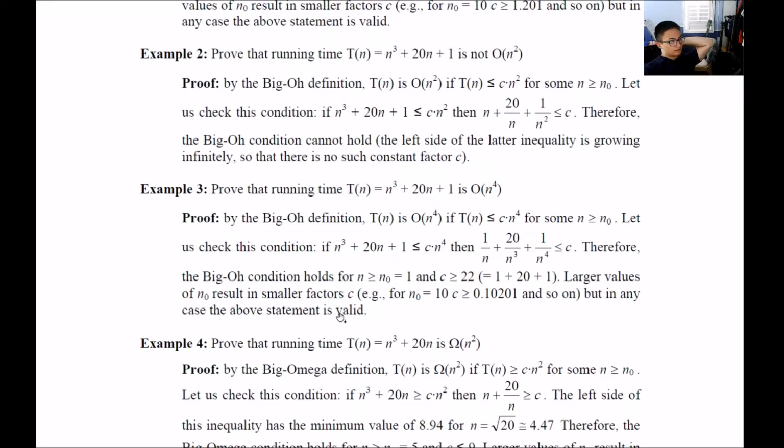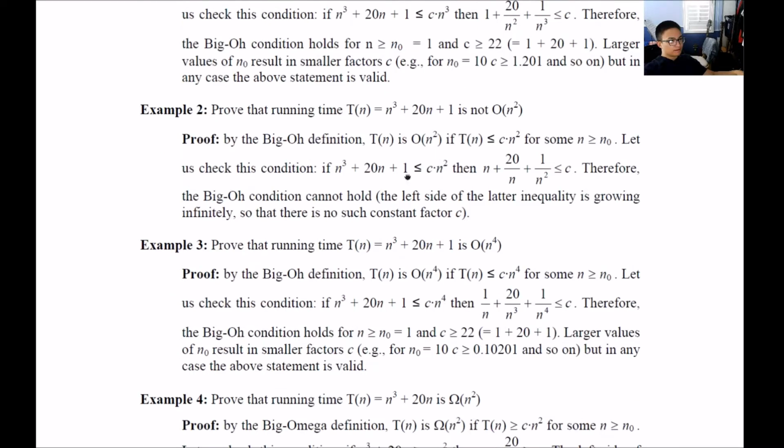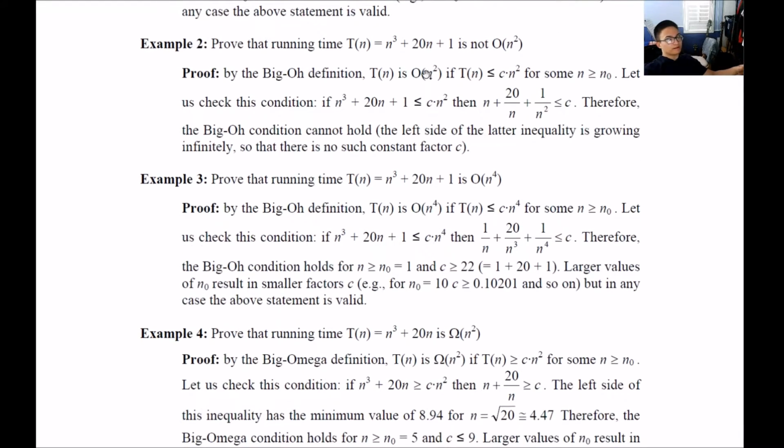Oh! Prove that running time of n cubed, big O condition holds. That's weird. Okay. That's really weird. Prove that running time of this is O of n to the 4th. Okay.